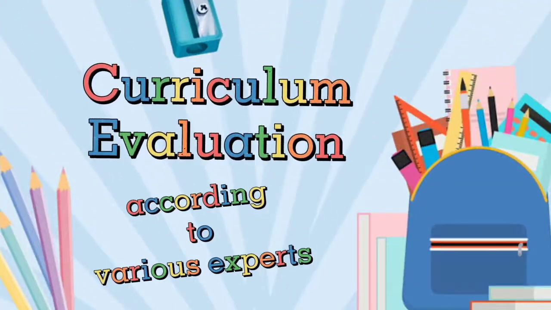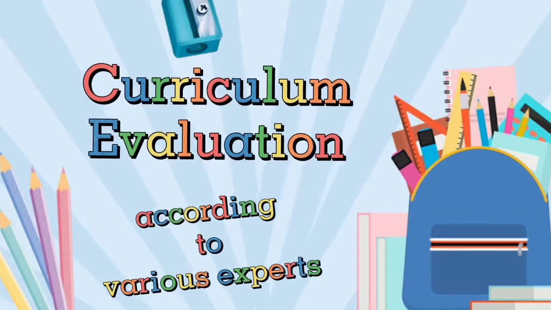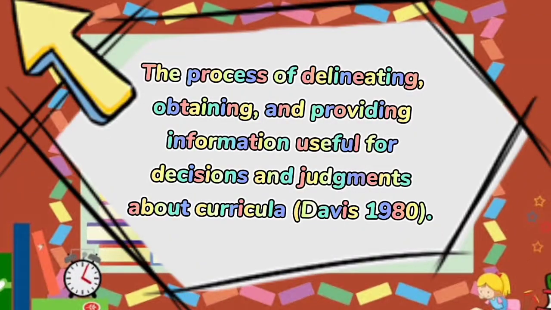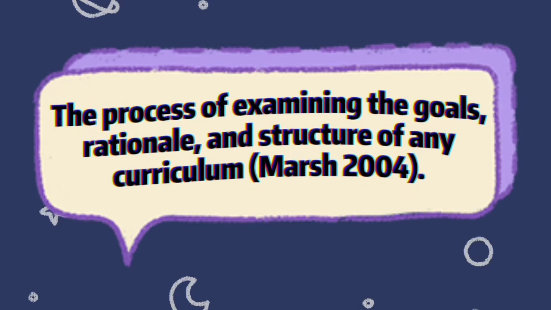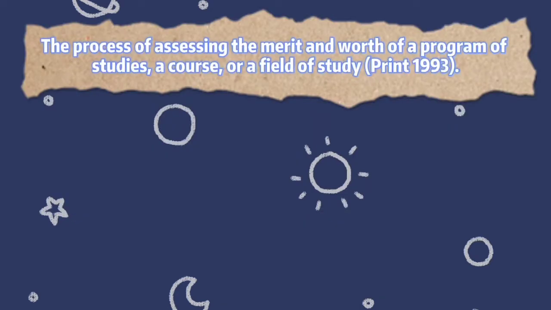Basically, according to these experts, curriculum evaluation is the process of delineating, obtaining, and providing information useful for decisions and judgments about curricula. The process of examining the goals, rationale, and structure of any curriculum. The process of assessing the merit and worth of a program of studies, a course, or a field of study.